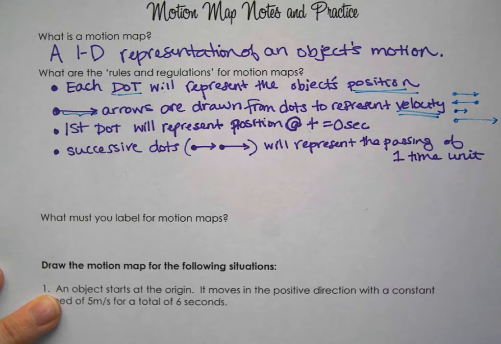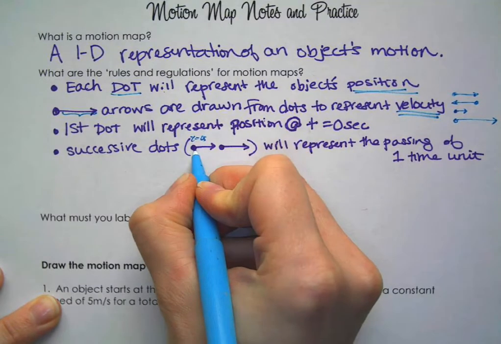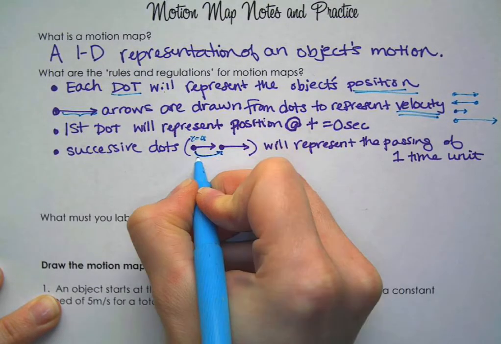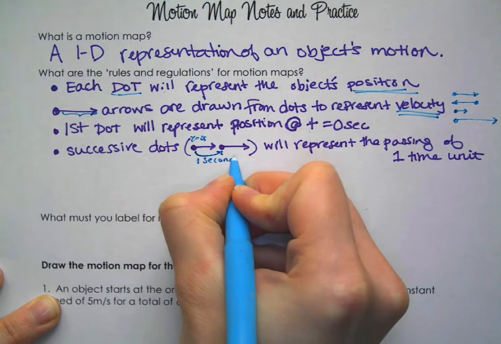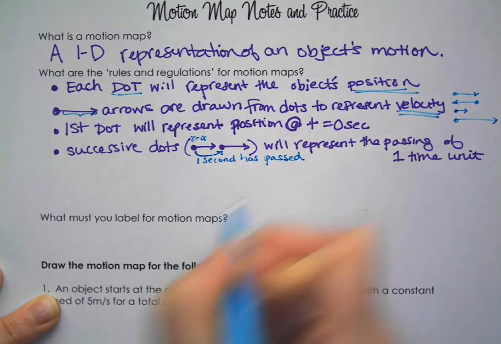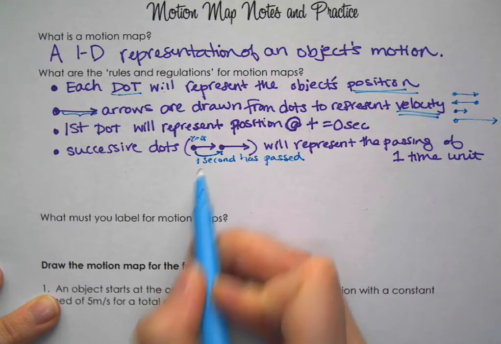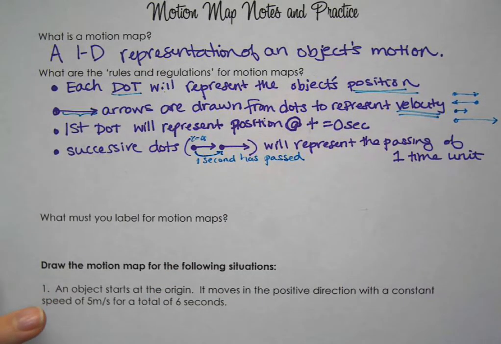Generally for us, if this was time equals 0, from 0, this is 1 second has passed. We'll generally keep a time differentiation of 1 second in between the dots, but they could be defined as something else. So it could be 5 seconds between every dot, or it could be 10 seconds that has passed between every dot. That's usually stated, and if it's not stated, it would be assumed to be 1.